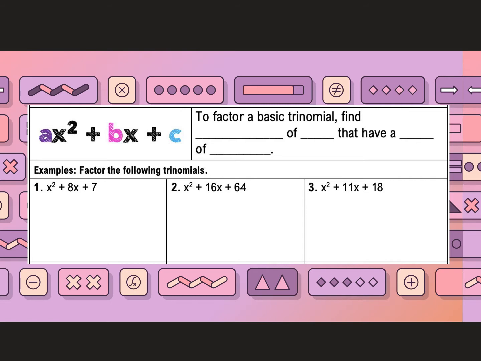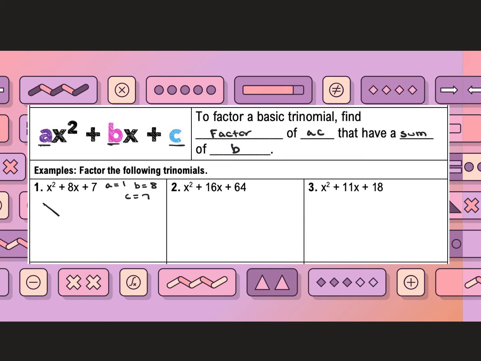To factor a basic trinomial, we have to find factors of A times C that have a sum of B. If we look at our polynomial, we have A, we have B, we have C. We're going to multiply our A times our C and find the factors there, and whatever factors they have have to sum to B. So for example, looking at number 1, we have that A is equal to 1, B is equal to 8, and C is equal to 7.